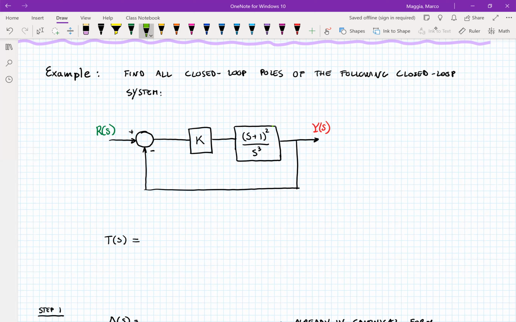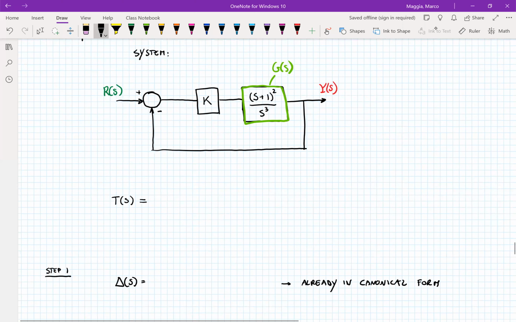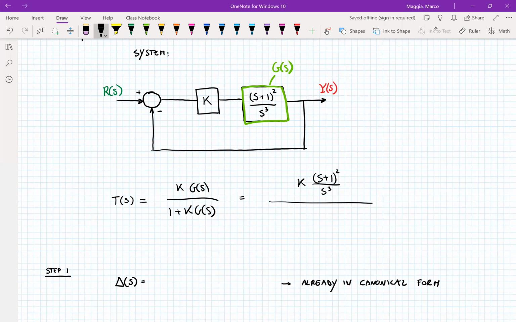So this represents our G of s, and therefore our closed loop transfer function is K times G of s over 1 plus K times G of s. So this is equal to K times (s plus 1) squared over s cubed, over 1 plus K times (s plus 1) squared over s cubed.